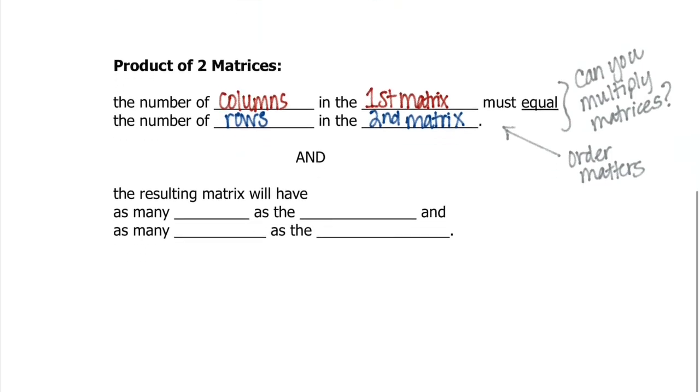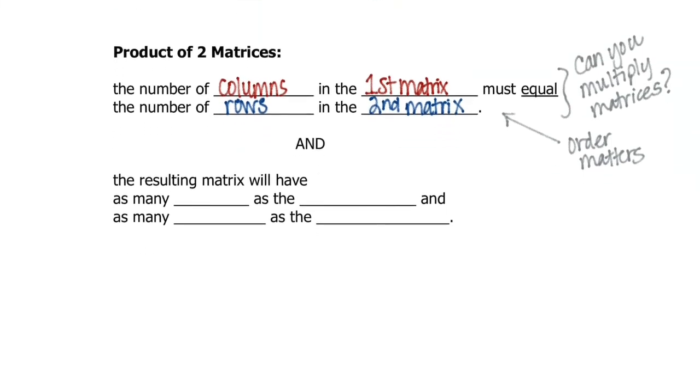So I'm going to show you the resulting matrix. Once you get a yes on the first part, the resulting matrix is going to have as many rows as the first matrix, and as many columns as the second matrix.